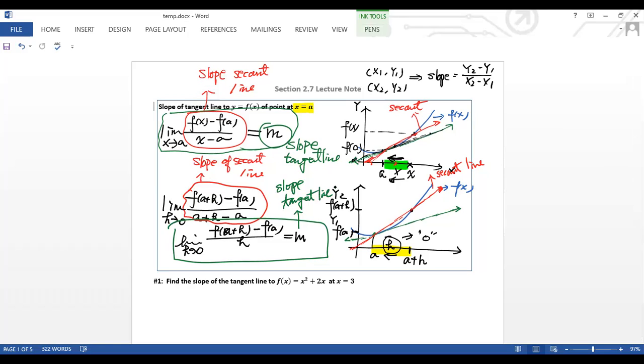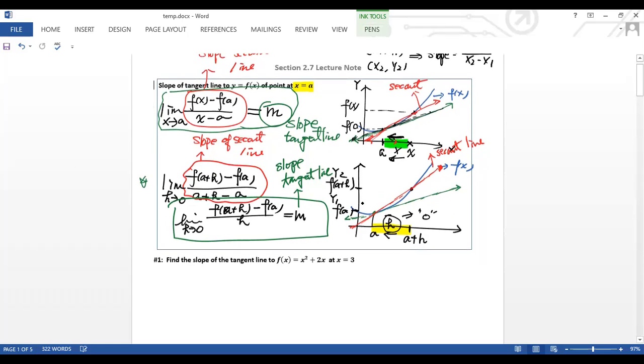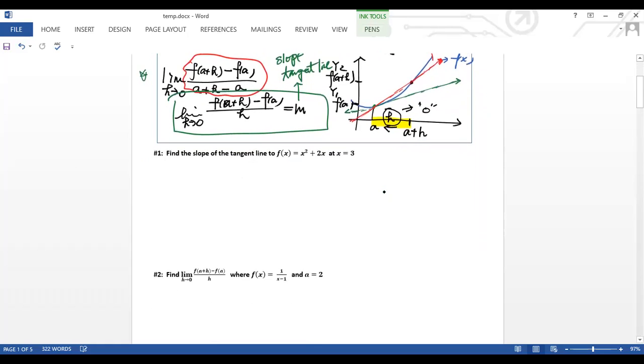Different people have different preferences. In fact, later, when we try to find the general definition of derivatives, we will prefer to use the second one. It's easier to do and to get the general form or formula for your derivatives here.